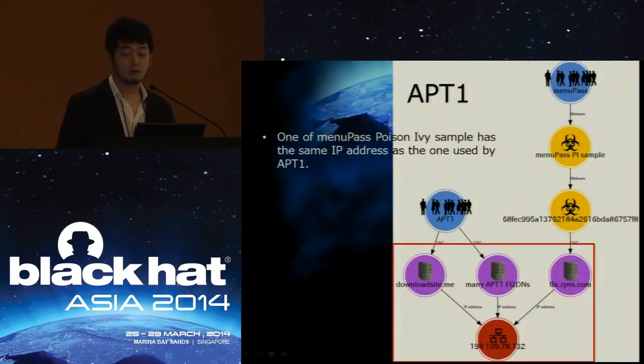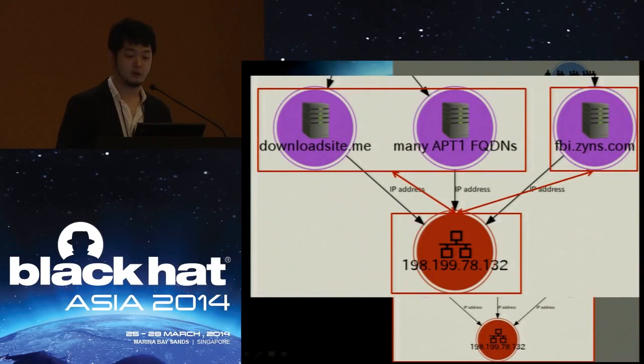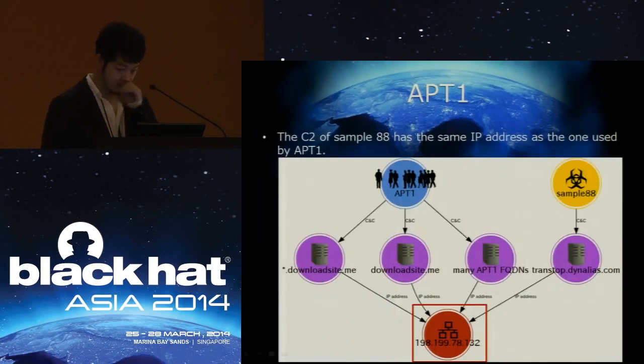And next, one of the MenuPass poison ivy samples has the same IP address as the one used by APT1. This address is shared by these groups. And sample 88, not belonging to any PlugX group, also connects to APT1.